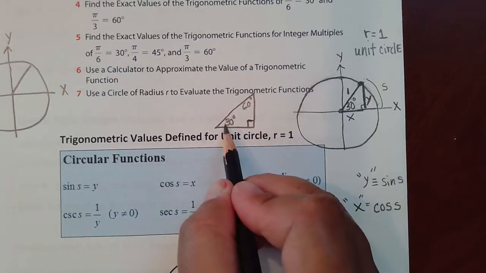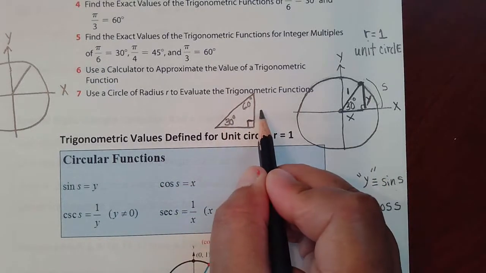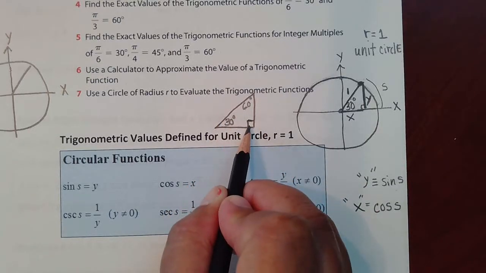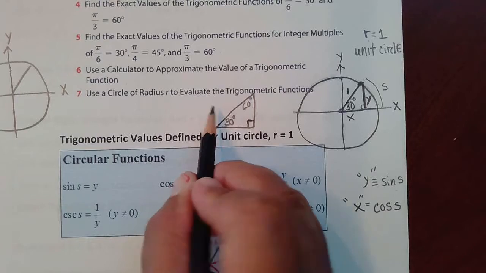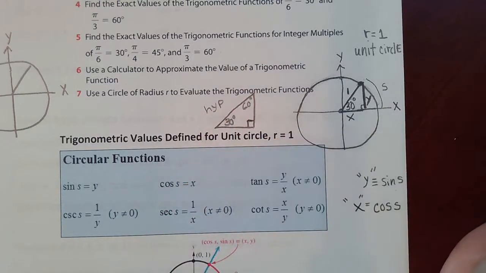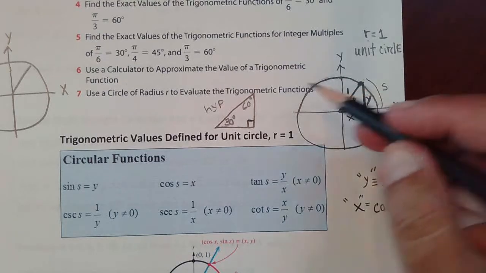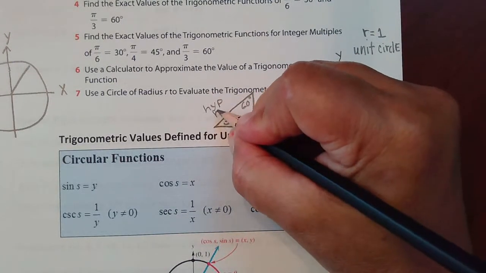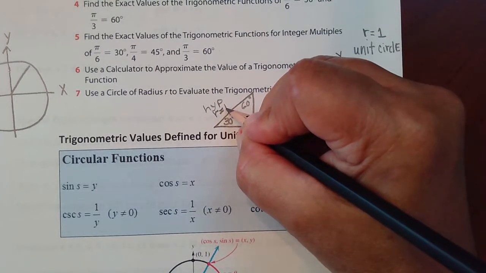So in other words, this would be across from the 30, smallest side. Across from the 60, medium side. Across from the 90, the largest side. The hypotenuse is always the larger side. In this particular picture, that hypotenuse is also called the radius. And being that we're in a unit circle, that radius is 1, just to get you familiar with what you're working with here.